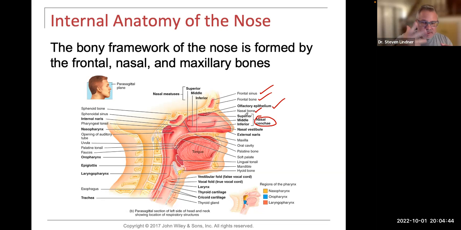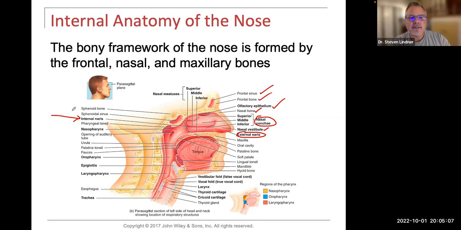Again, that's going to spin, centrifuge, and moisten the air. Right in the entrance, that's the nasal vestibule. If we go external to that, more superficial, that's the external nares. The internal nares is here, near the nasopharynx.